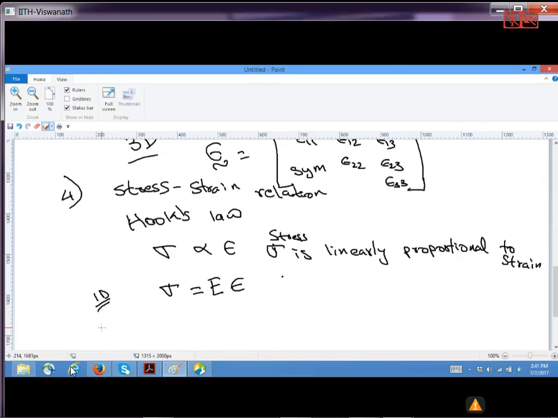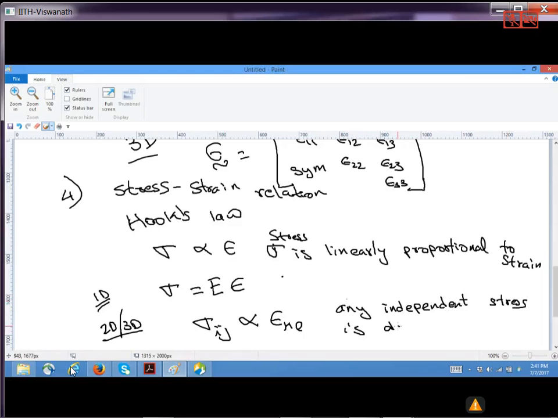However, for the 2D or 3D cases, we said that sigma ij is proportional to epsilon kl. That means any independent stress is linearly proportional to independent strain components.